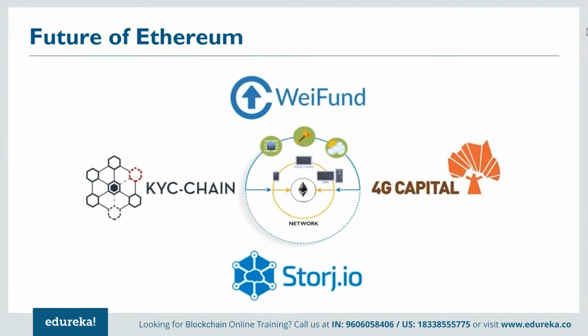YFund is a dApp that uses the smart contracts to enhance crowdfunding services like GoFundMe and Kickstarter. 4G Capital is a DAO that provides microloans for small businesses in Africa. Storj.io provides censorship-free, secure cloud storage by sharing data among a decentralized network of computers. And last but not the least, the KYC chain allows the users to maintain a private identity wallet that can be used to authenticate the identification in finance and commerce settings.